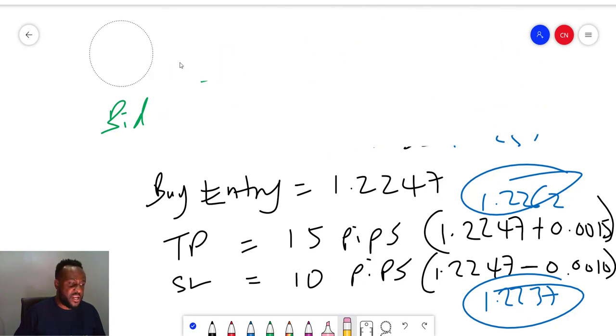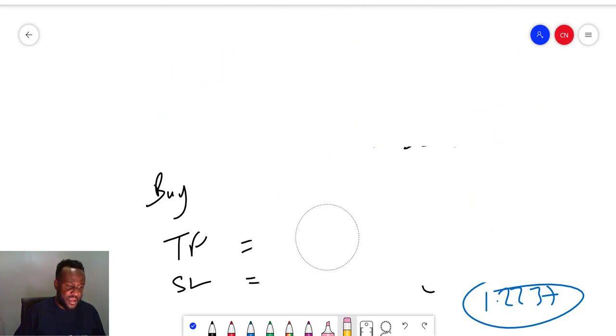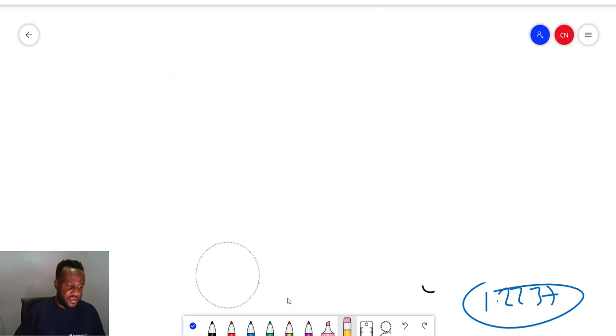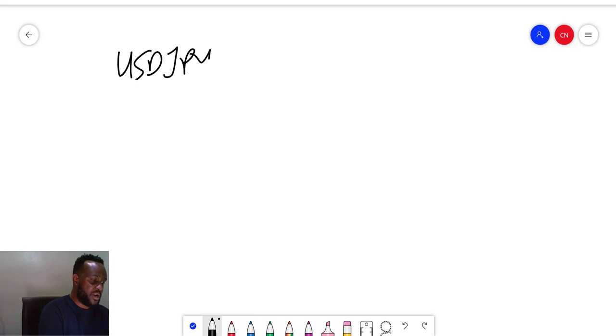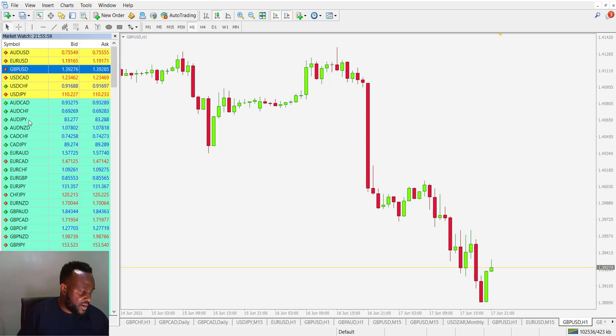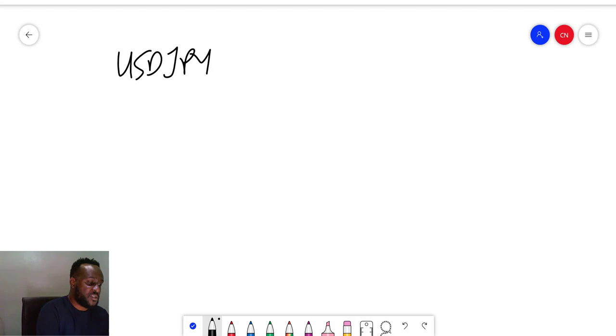So when we're looking at a JPY pair, then it will be slightly different, because then we're looking at 2 decimal places. So if we go to something like USD JPY, and let's say that the current price right now is 110.235.